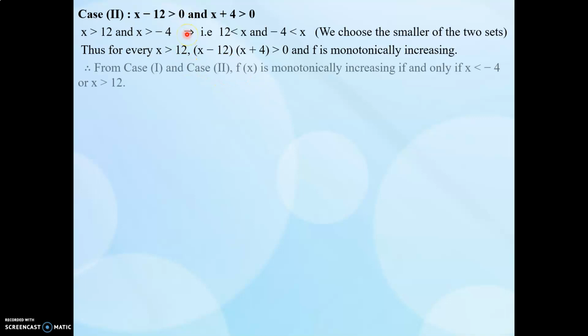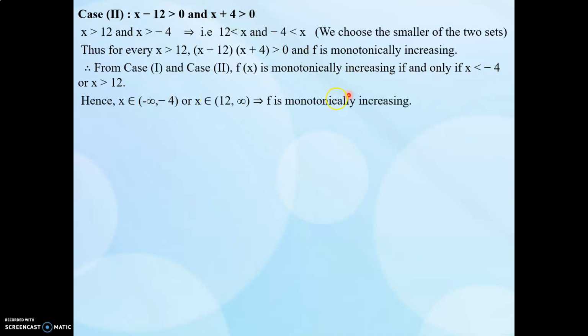So from case 1 and 2, x is less than minus 4 and x is greater than 12. So in the first case, x belongs to open interval minus infinity to minus 4. And in the second case, x belongs to open interval 12 to infinity. So f is monotonically increasing in these two intervals.